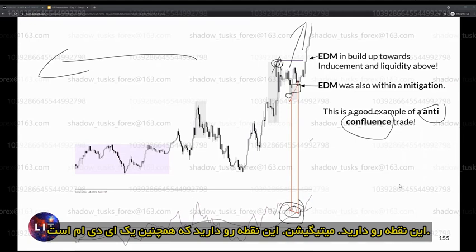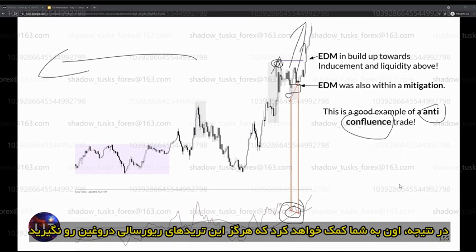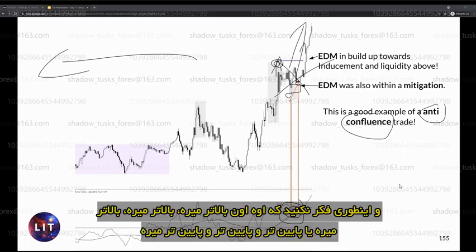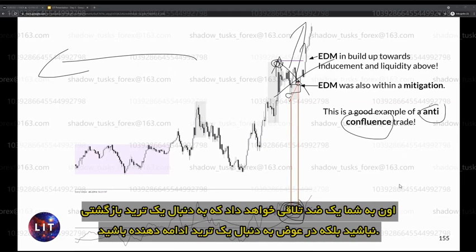Also being an EDM. So price continues higher. So it will help you to not pick these false reversal trades all the time and think, oh, it goes higher, it goes higher, it goes higher, or lower, lower, lower. No. Again, if you just look at the entry helper, it will give you an anti-confluence to not look at a reversal trade, but a continuation trade instead.